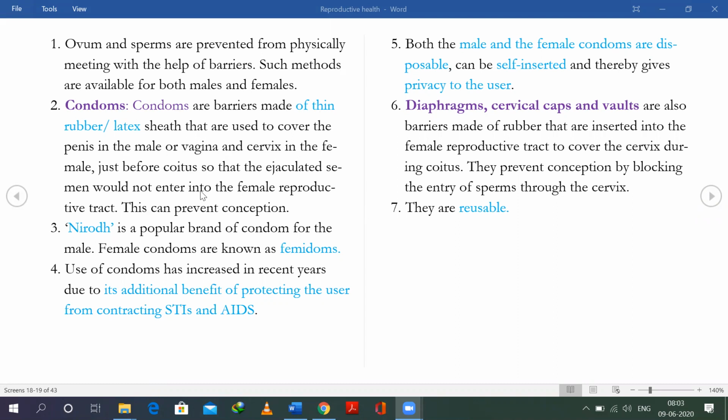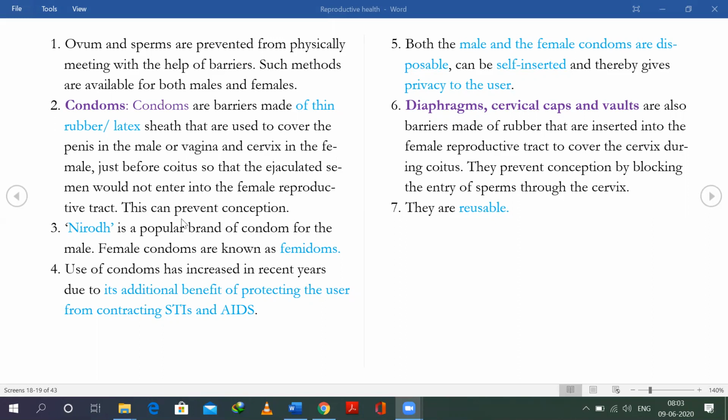So when the male ejaculates, he ejaculates into this latex sheath instead of into the genital tract of the female. With that we are preventing the physical meeting of the sperm with the ovum, so that conception, that means getting pregnant, is avoided with the help of these condoms.